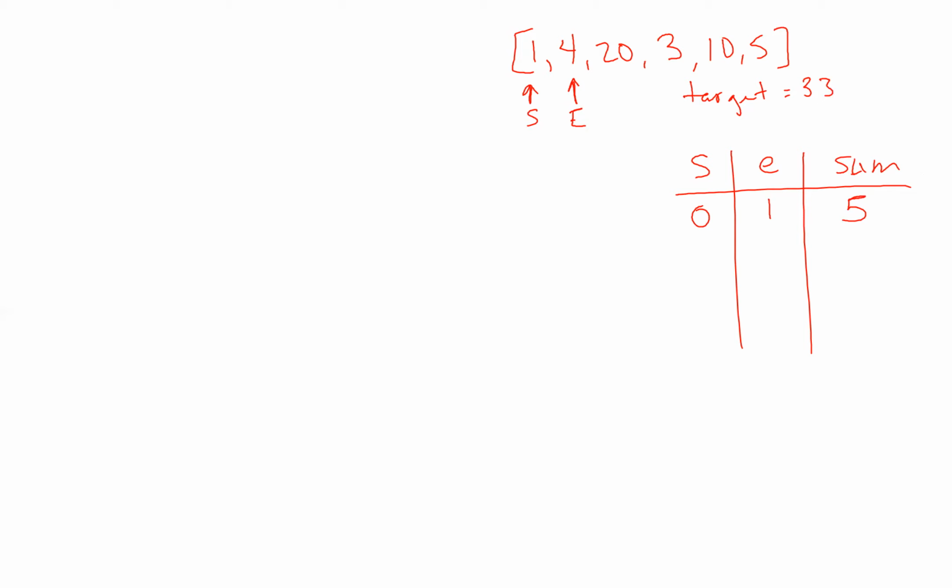So we know that we need to increase E. Okay, and then we would look at that again, and E is at 2. Then the sum would become the value at E plus sum, which is 25. And then S is still at 0. And you say, is 25 less than 33? It is.